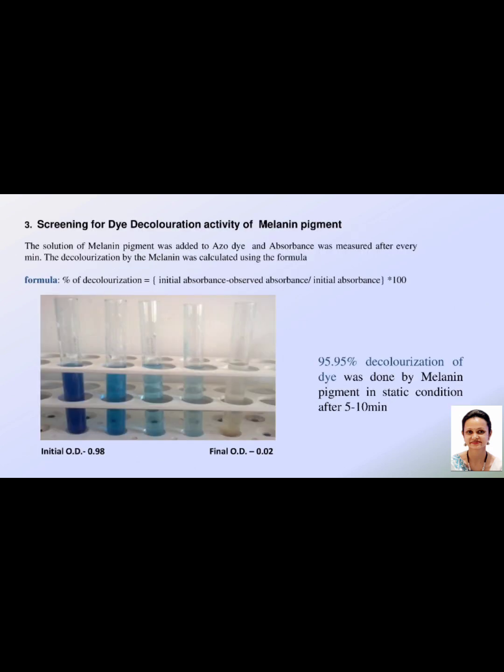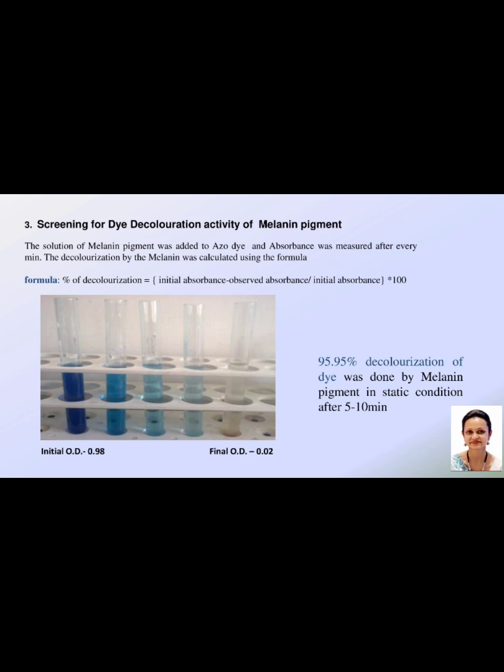The third application performed was dye decolorization. Simply, the melanin pigment was added to the azo dye, and absorbance was measured after every minute. The formula we used to calculate decolorization is: percent decolorization equals initial absorbance minus final absorbance, divided by initial absorbance, multiplied by 100.